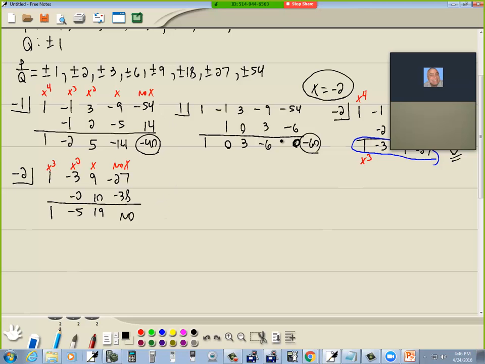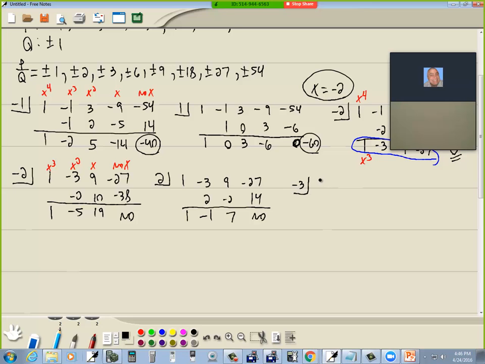So I go to my next number, which was positive 2. Very important note here: you always want to use the line you just found, that's what I circled there. You never want to go back to your original line after you find your first answer. Add, multiply, add, multiply, add, multiply. That doesn't work.